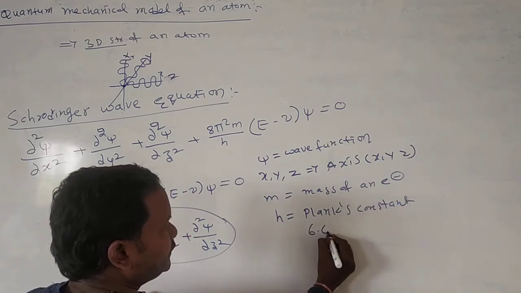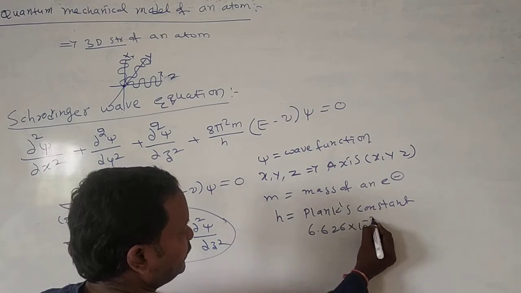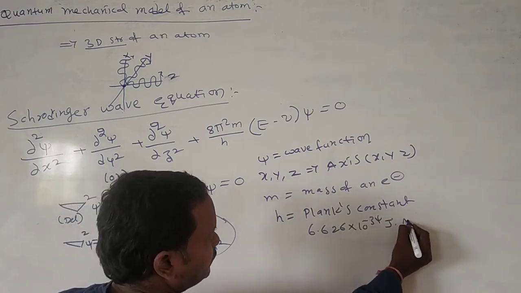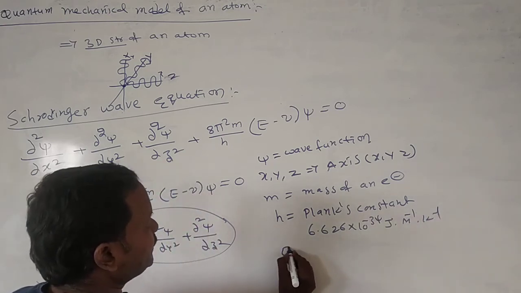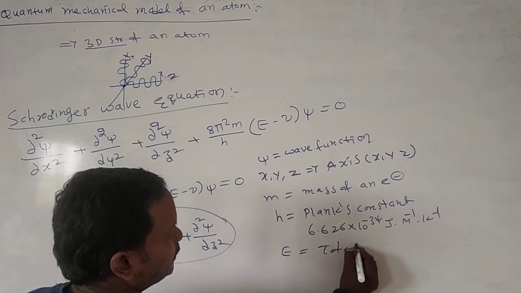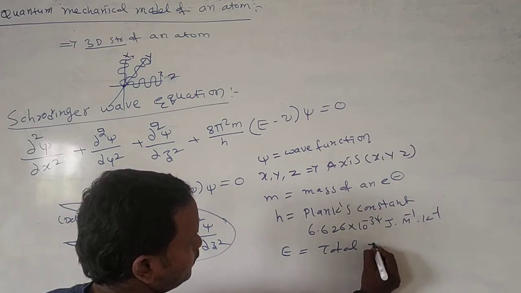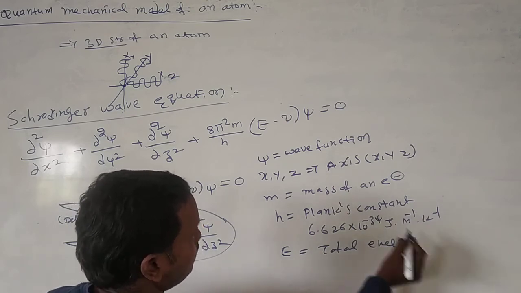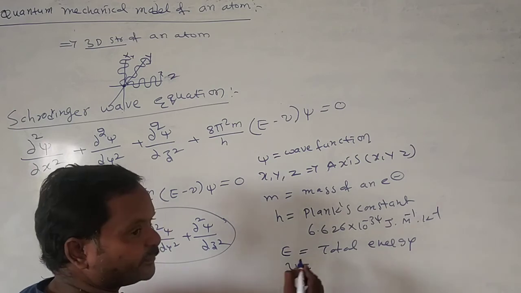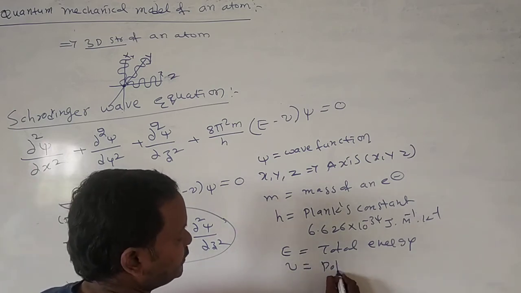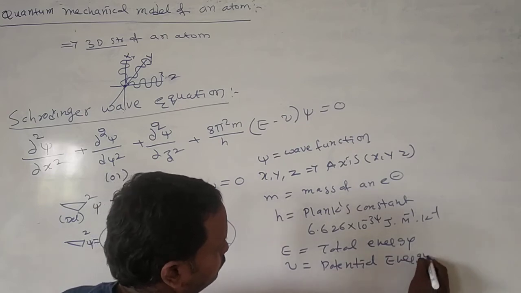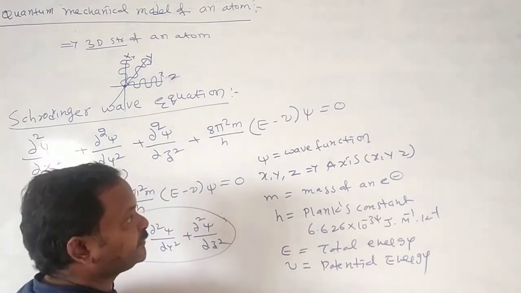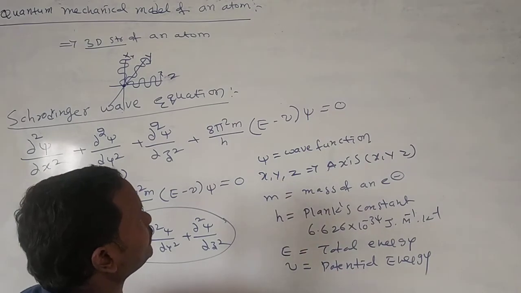What is Planck's constant? 6.626 into 10 to the power of minus 34 joule second. E is the total energy. Here V is not frequency but potential energy. And psi is the wave function.